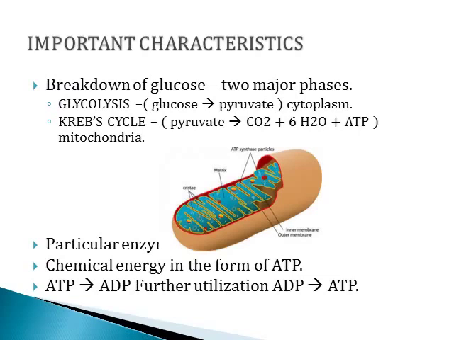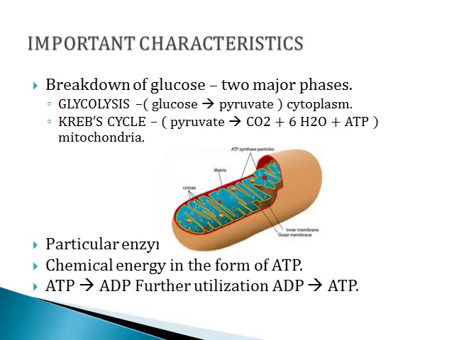This chemical reaction is not a single step, it is a series of steps, and this series takes place in two major phases. One is glycolysis, another one is Krebs cycle. In glycolysis, the glucose molecule, a simple carbohydrate, is converted to pyruvate. This conversion of glucose to pyruvate occurs in the cytoplasm.